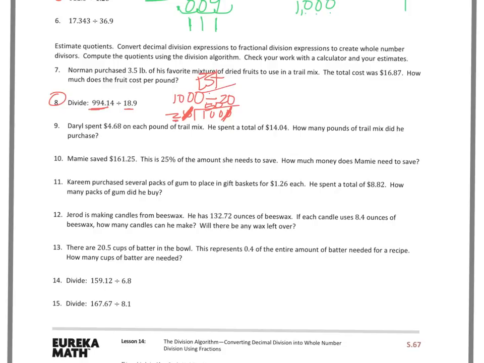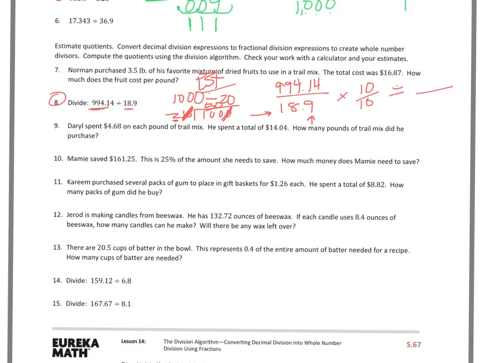Now, I'm going to take my problem and I'm going to try to get my divisor, my bottom number, into a whole number. I see it's tenths, so I'm going to multiply by tenths. 10 tenths. Because 10 tenths makes it 1 whole.